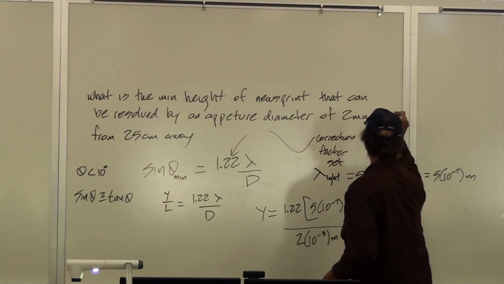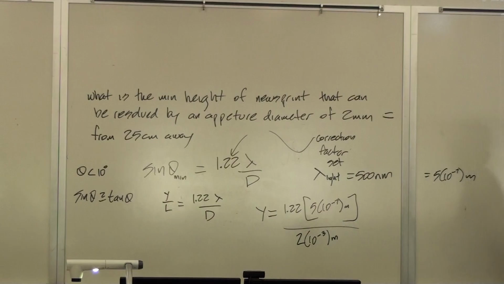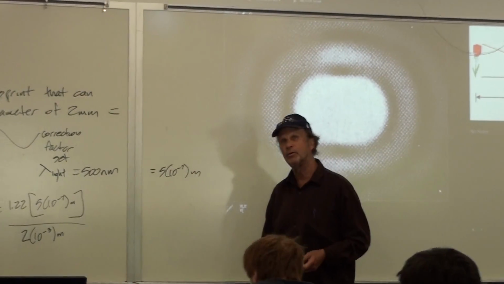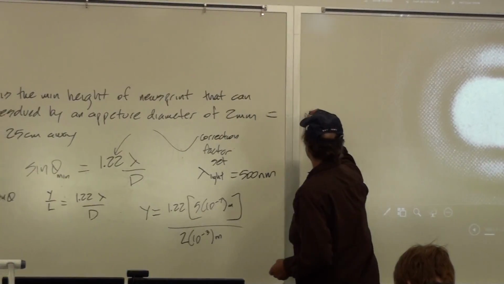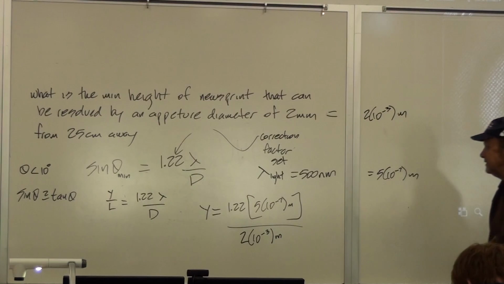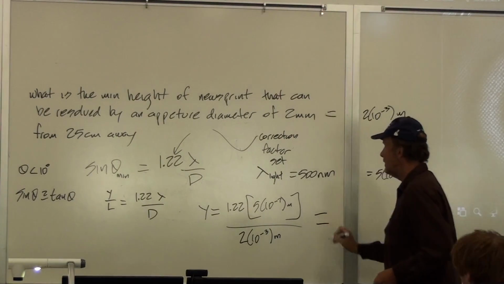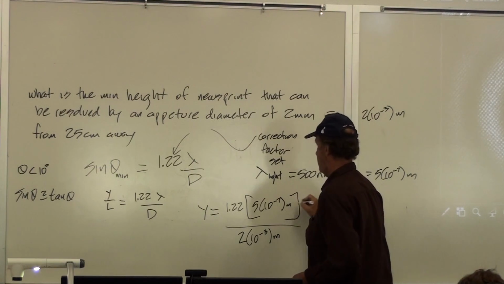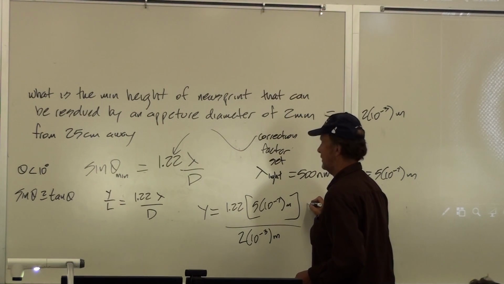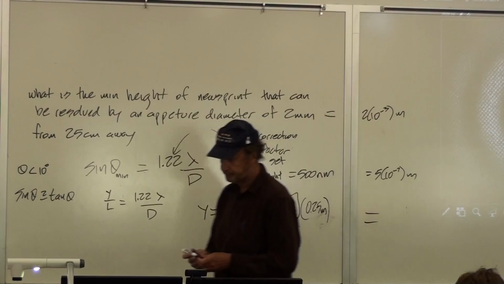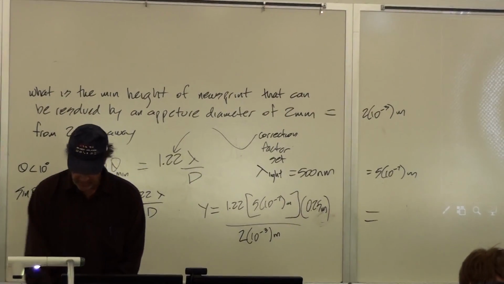You see so many of these errors, especially in multiple choice questions. That's awful that you're losing all of the points for not doing the unit conversion. It doesn't need to happen. Okay, so here, then that's going to be times L. So L is 0.25 meters. So let's knock that number out.